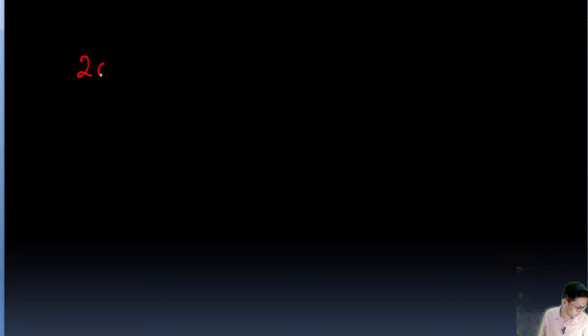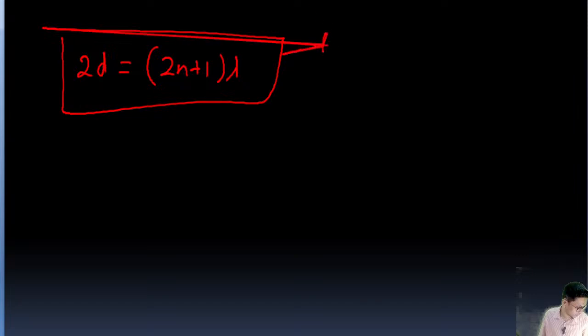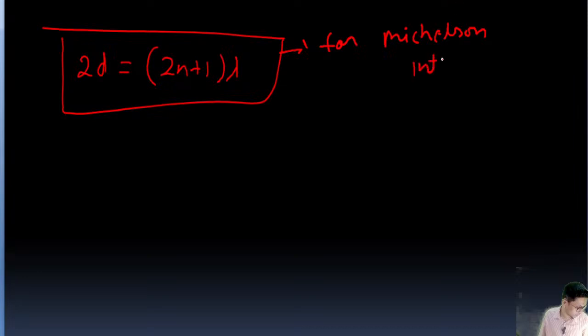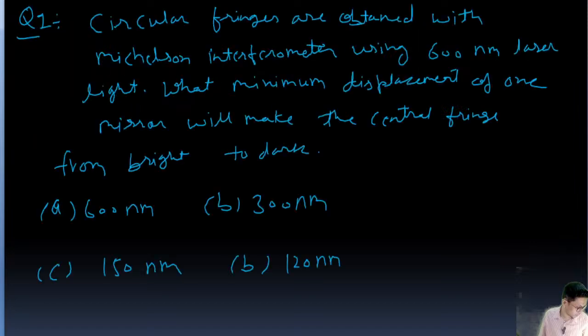For Michelson interferometer, 2d equal to (2n plus 1) lambda by 2. So we need to find out the value of d.